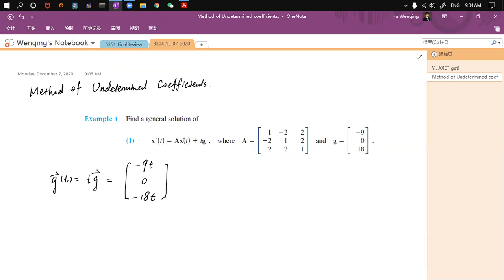Remember, the method of undetermined coefficients says that if the right-hand side g of t is a polynomial, here you're not going to have one polynomial but a polynomial vector, because it's a vector that consists of polynomials. It means that you should choose something similar to that.